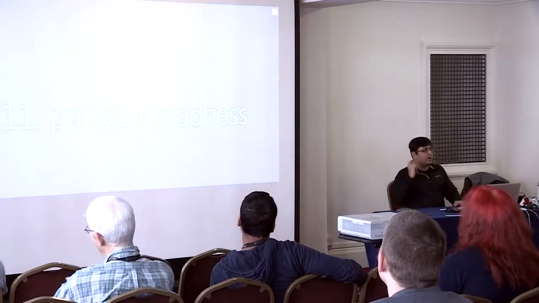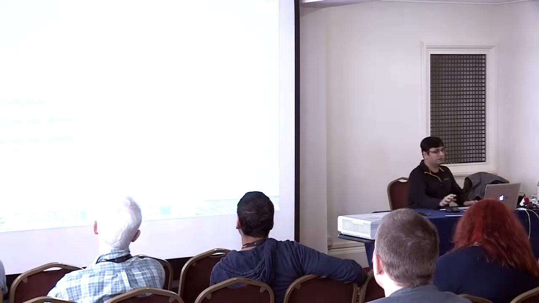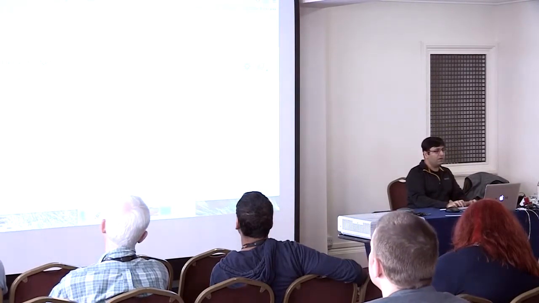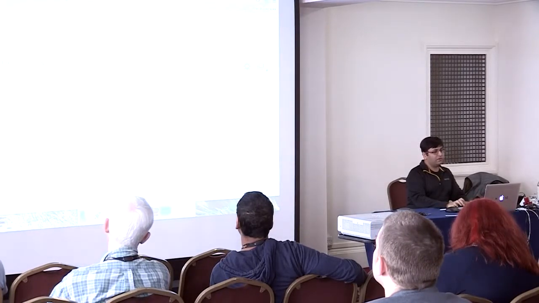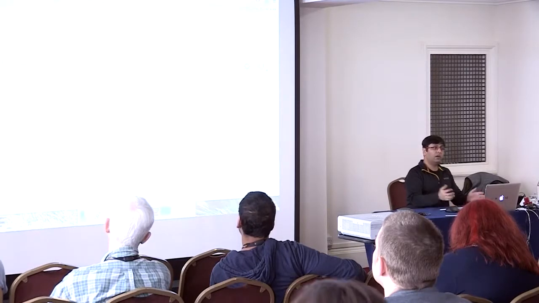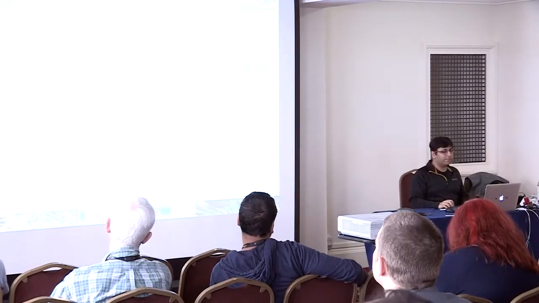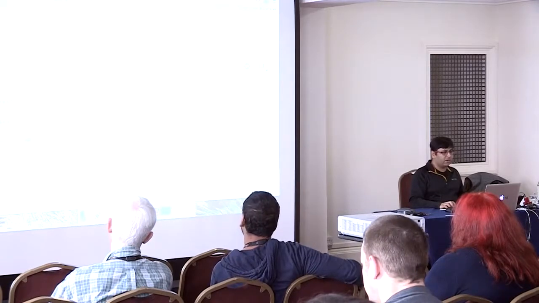Anyway, number 11, parseInt madness. There's a method inside of JavaScript called parseInt. What that does is that if I've got a number as a string, it returns me the number as a number, not as a string. So if I pass in 12, it will return me 12. Now this will work in Chrome. If I say 08, it returns 8.